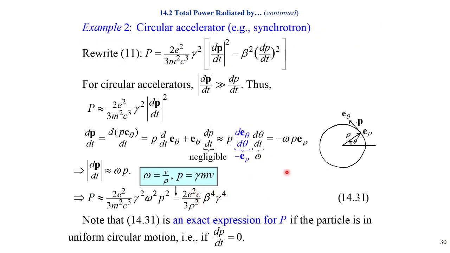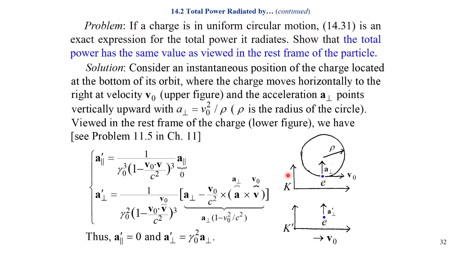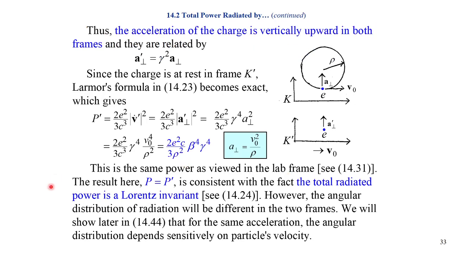This one, right? Equation 14.31. The result here, P equals P prime, is consistent with the fact that the total radiated power is a Lorentz invariant. It's a simple proof. The total radiated power is a Lorentz invariant.